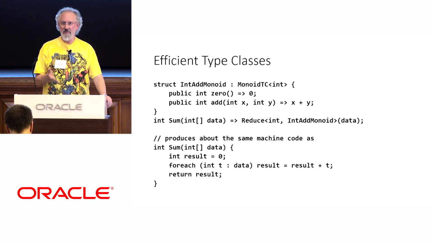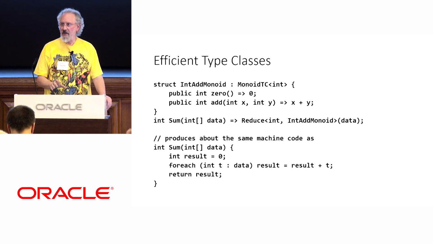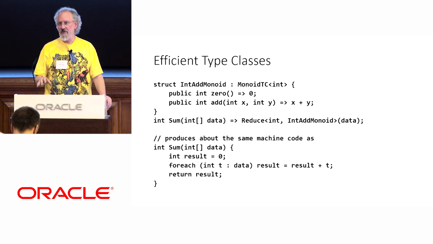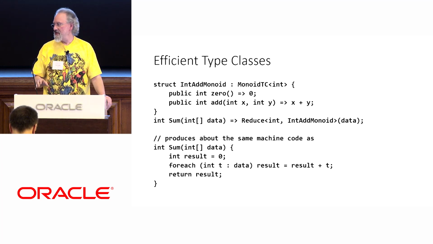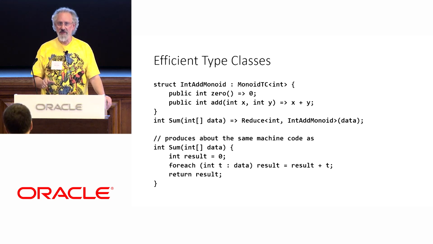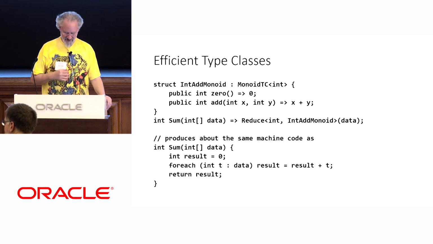If you compile them both, you'll get approximately the same machine code and the same kind of efficiency. So the point is that value types and generics together are very useful as a target for other language features if you have guarantees that generics over value types are specialized. If you don't have that guarantee, it's a little bit more difficult.